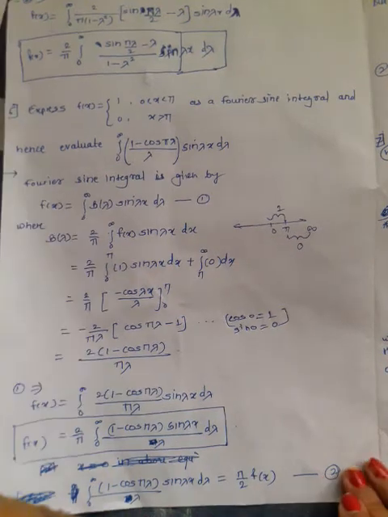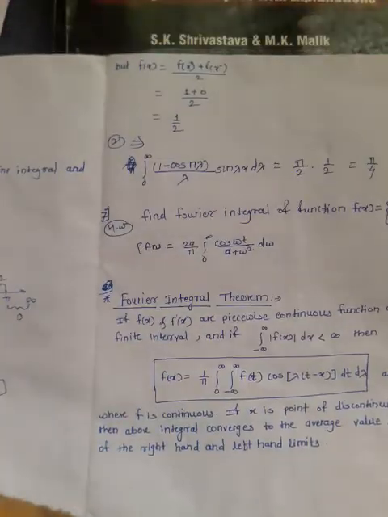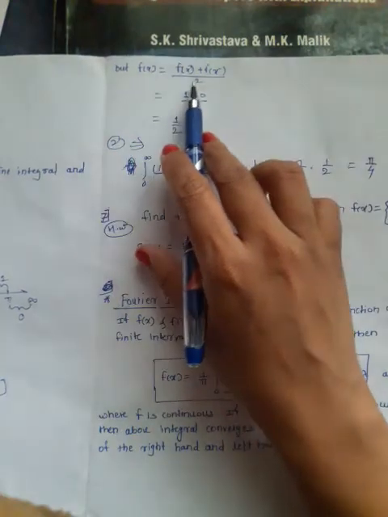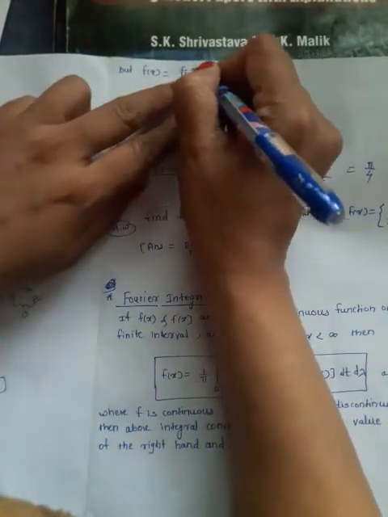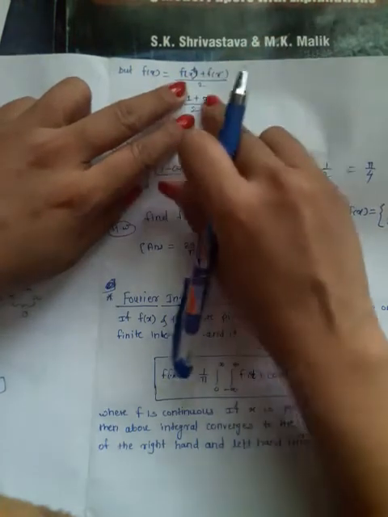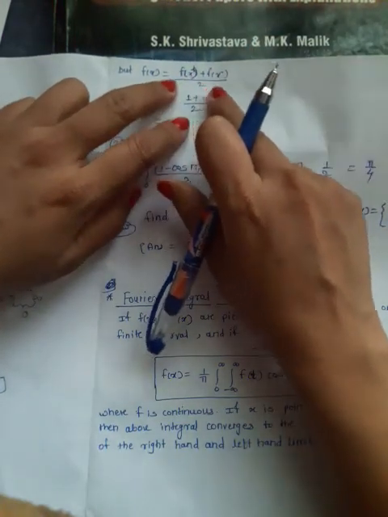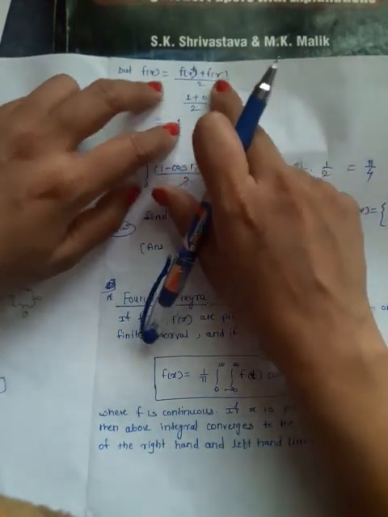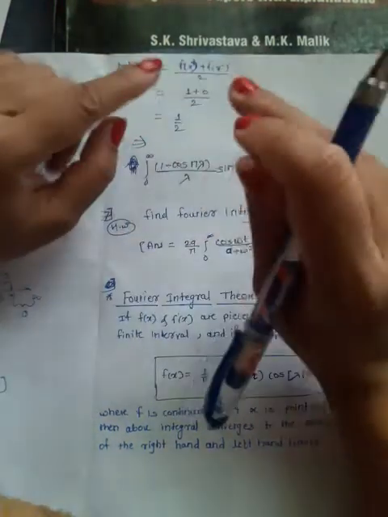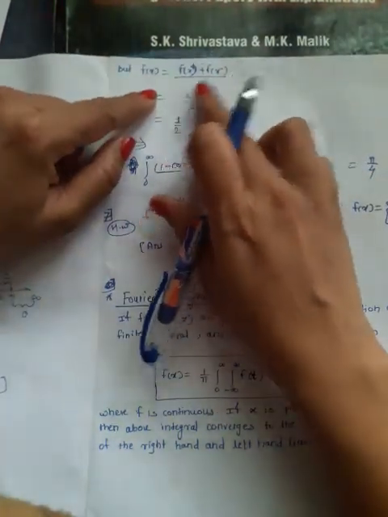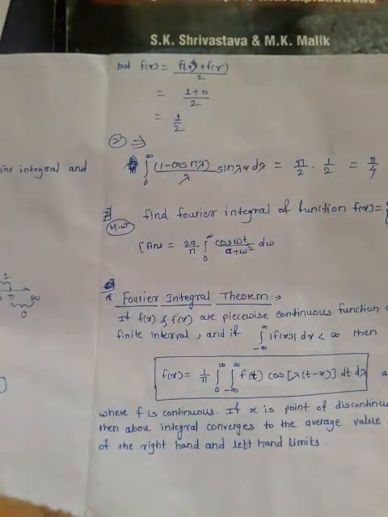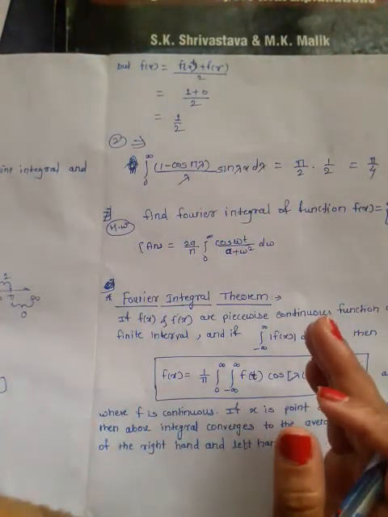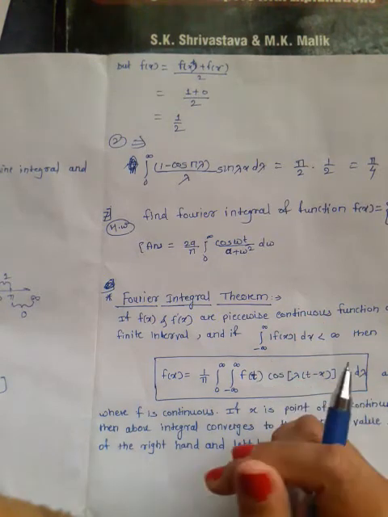For that, one formula is there: f(x) is equal to f(x plus) plus f(x minus), divided by 2. That means f(x) is nothing but the average of the positive and negative limit values of the function, the right hand side limit and left hand side limit, which you have already studied in limit theory.